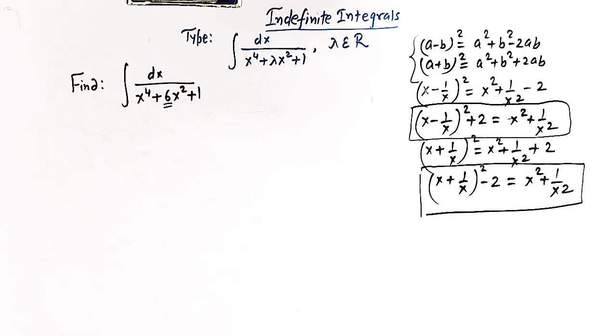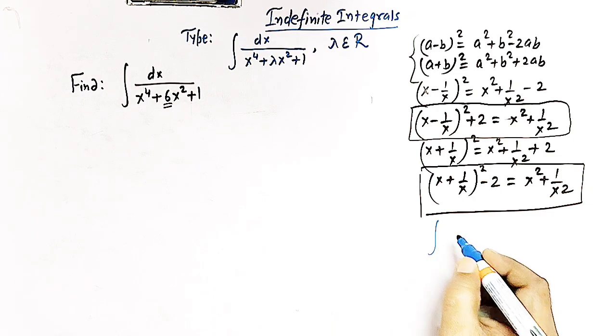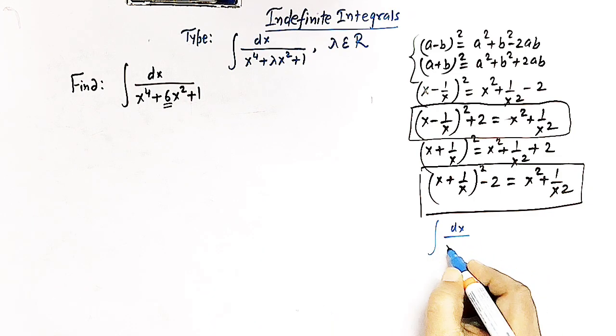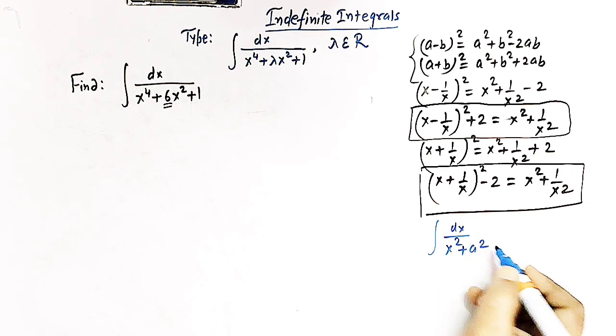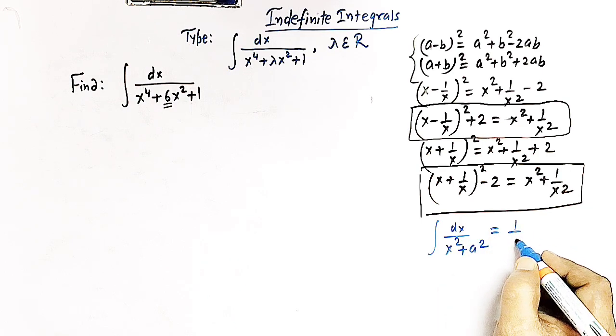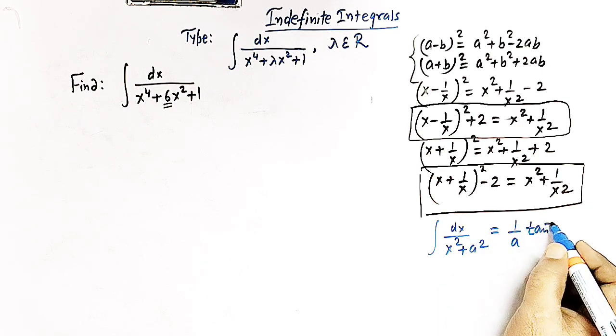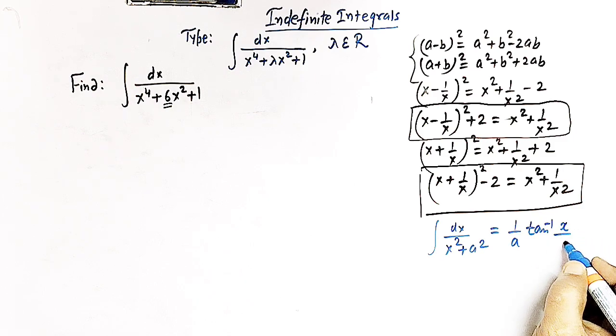And one more important result which we are going to use here is the integral dx over x square plus a square, which is 1 over a tan inverse x over a.